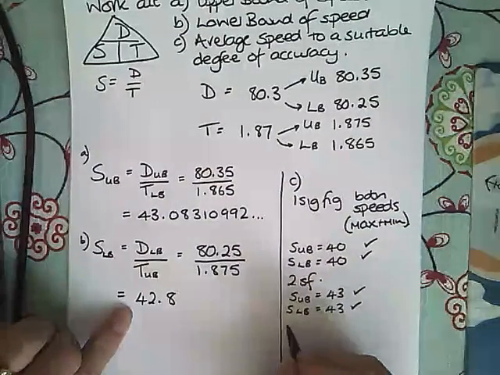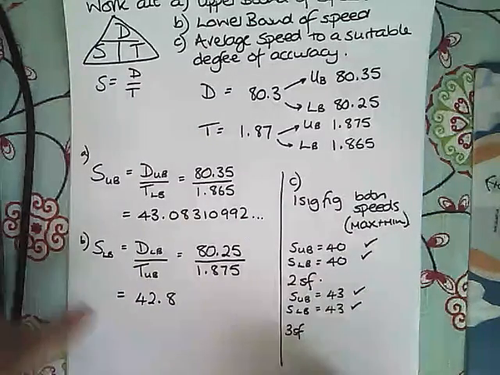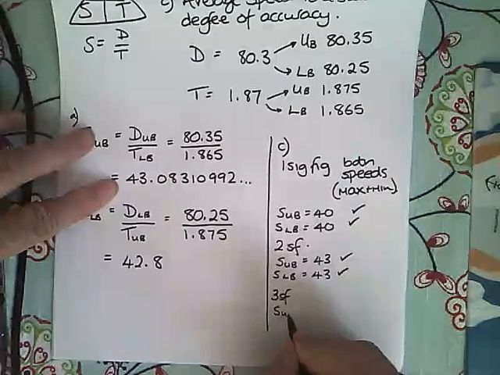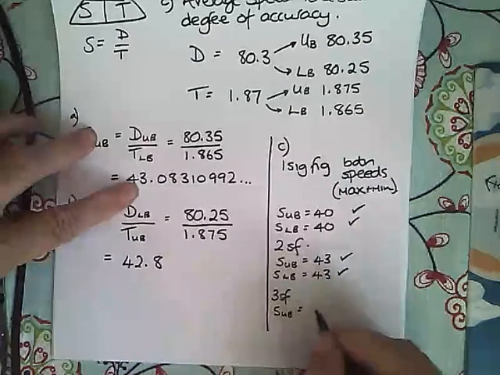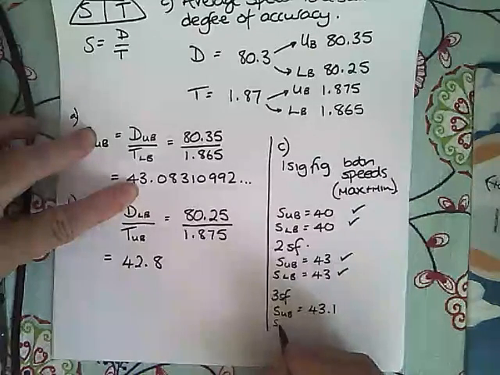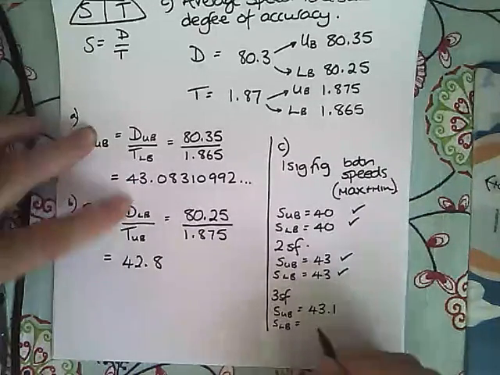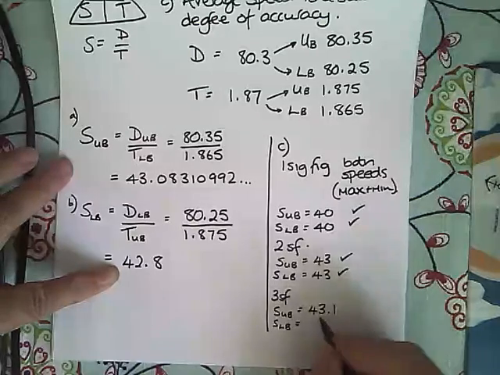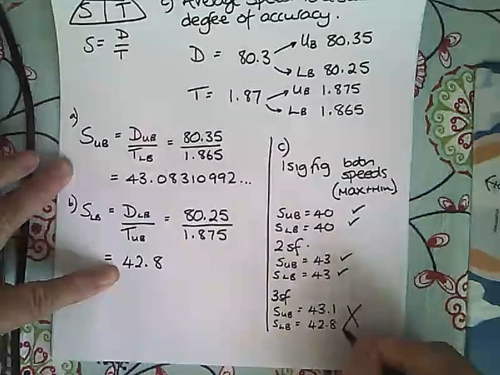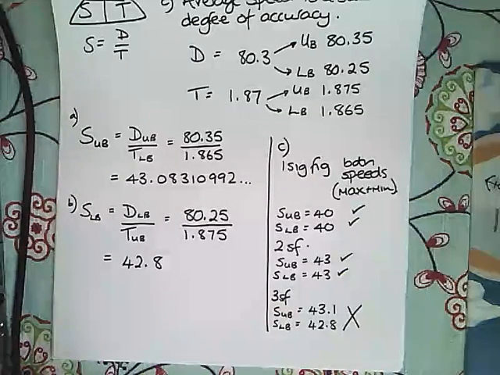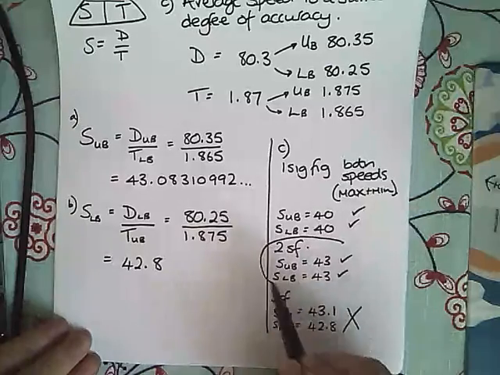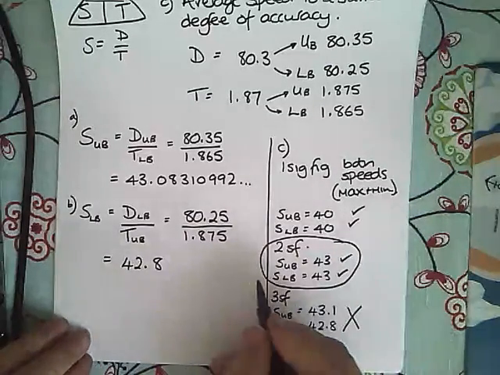If I try and be more accurate than that, three significant figures, the speed upper bound is 43.1, and the speed lower bound is 42.8. So they do not agree if I round them to three significant figures. The most accurate I can get is two significant figures.